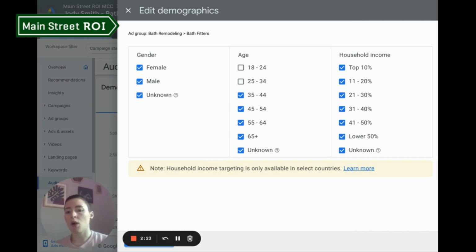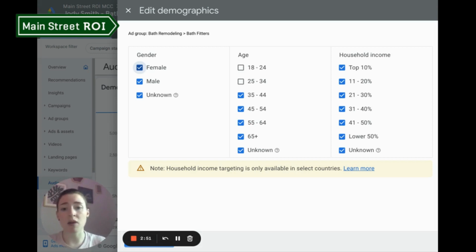All right, so your demographics targeting is going to kind of slide out. Parental status is not hugely useful for most people's purposes, especially because it's not extremely accurate. So the ones we're going to be focusing on today are gender, age, or household income.